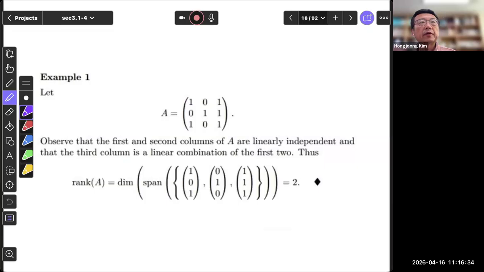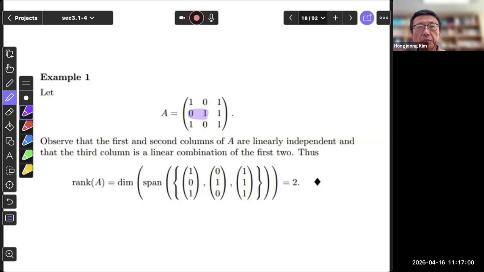So given this A matrix, the first two columns of A are linearly independent because, just look at the second row. The second entry of the first column is 0, and the second entry of the second column is 1.